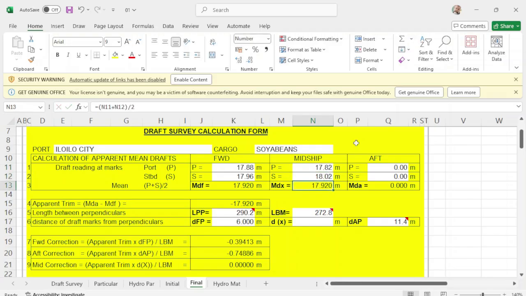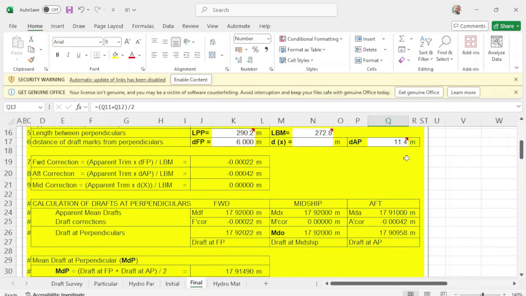And up is 17.86, and starboard is 17.96. Okay.